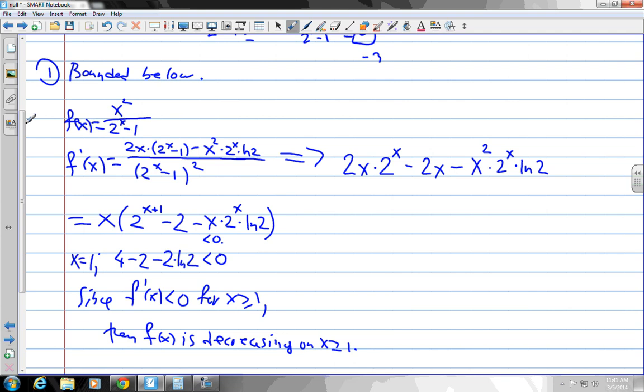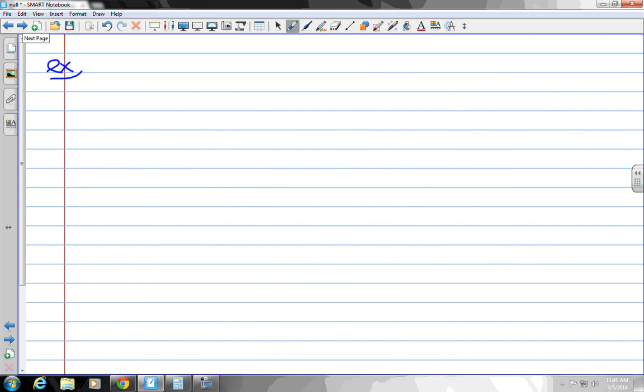So let's try this one. There's a fun example. A sub n is defined by sine of square root of n over n. What do you think? 0, right?